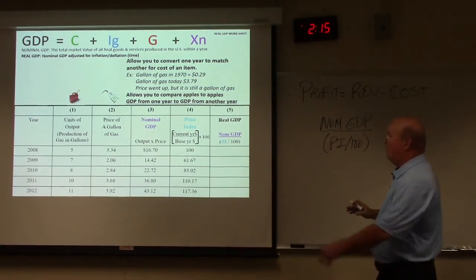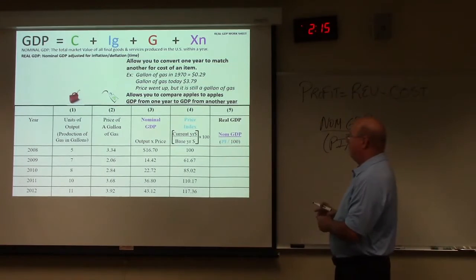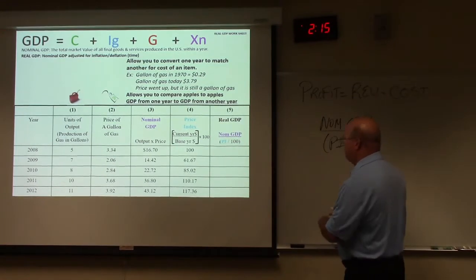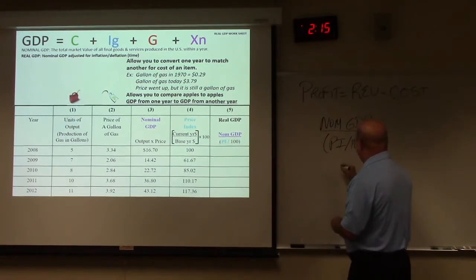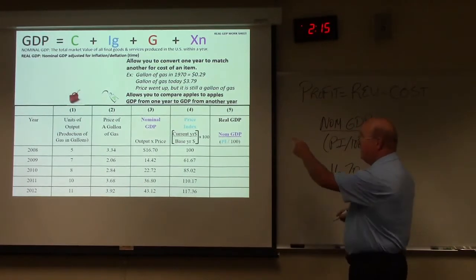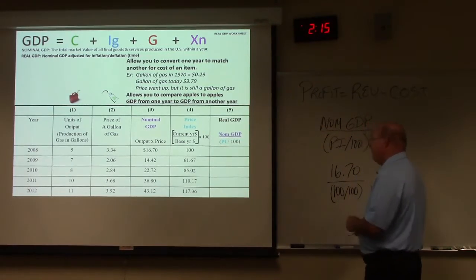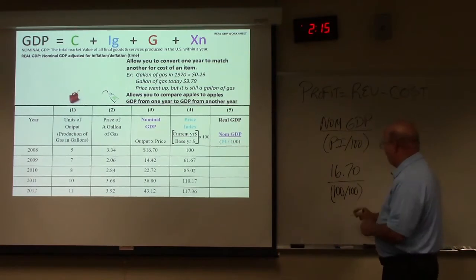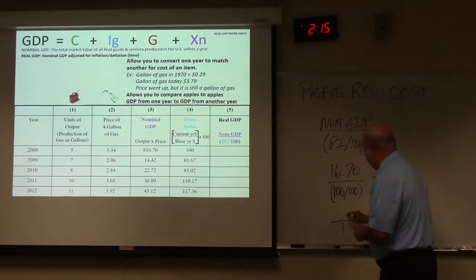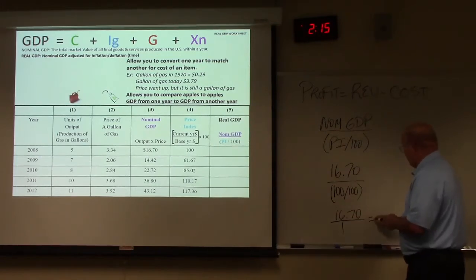Okay. So let's take 2008. Nominal GDP for 2008, 1670. The price index for 2008, 100, divided by 100. So 100 divided by 100 is 1. 1670 divided by 1 equals 1670.